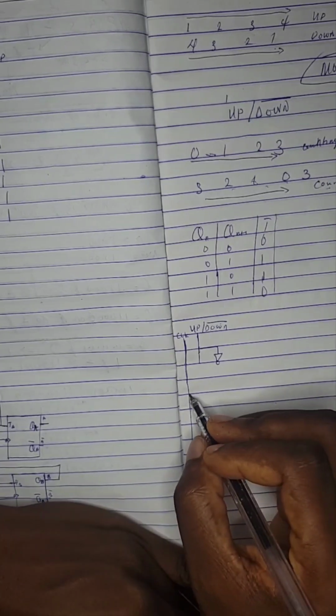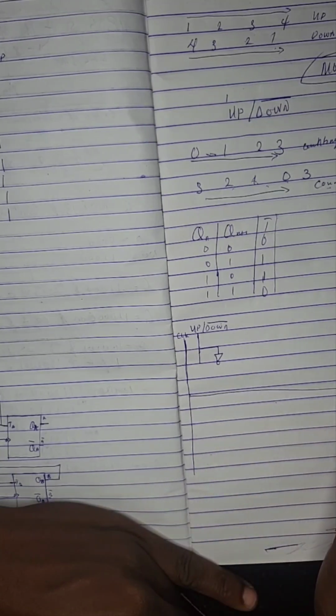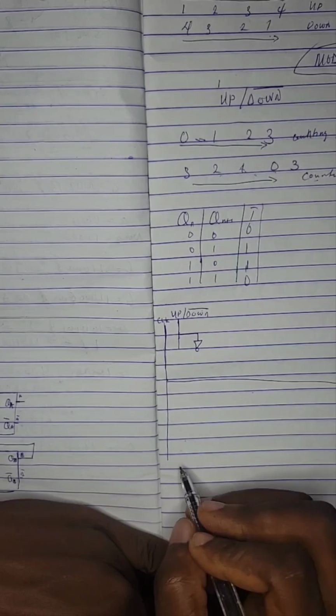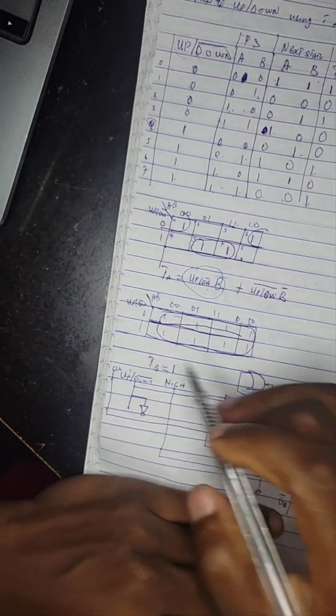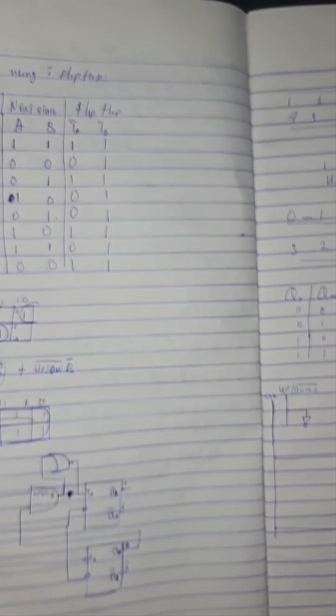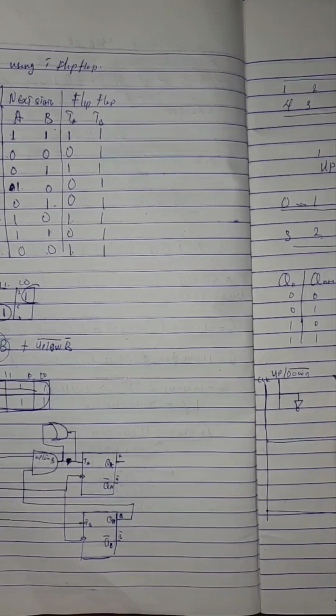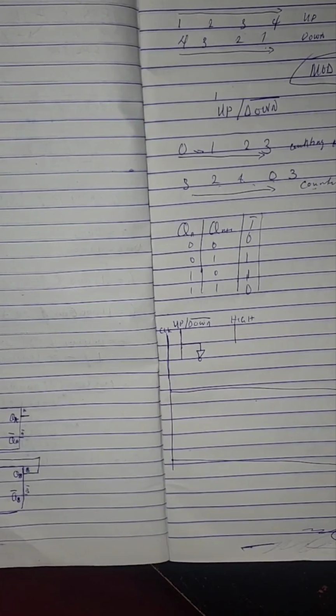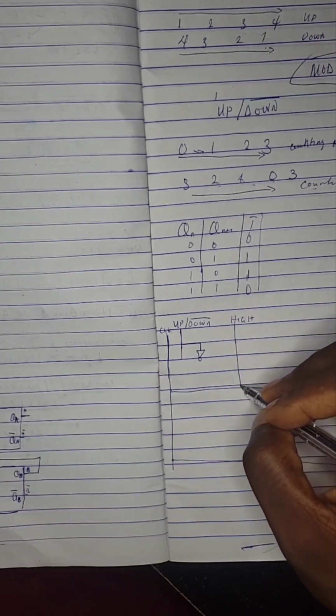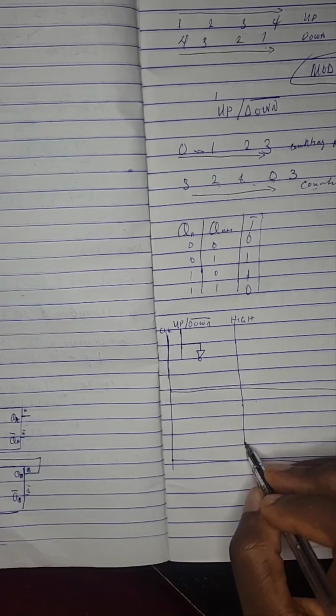We have the clock for this one, we have the clock for this one. Now the next thing for us is, let's start with TB. If you notice, TB is always 1. So we are just going to have a high line, and the high line is going to join to TB.